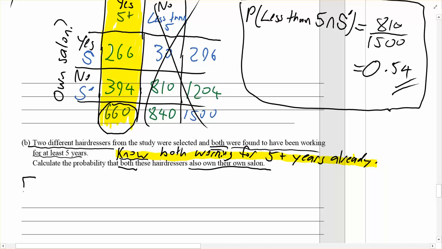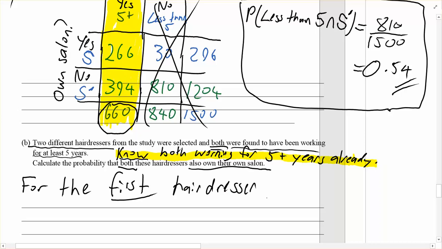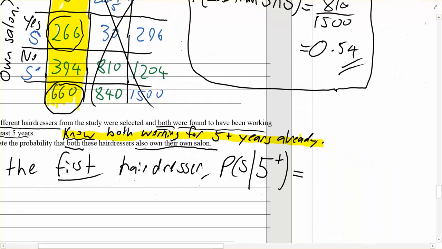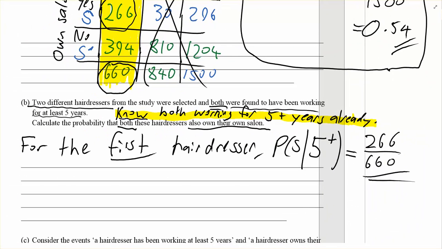So, for the first hairdresser, out of the two, the probability that they own their own salon, and it should be given that they've been working for 5+ years, because remember we already know that they've been working for 5+, equals 266 out of 660.